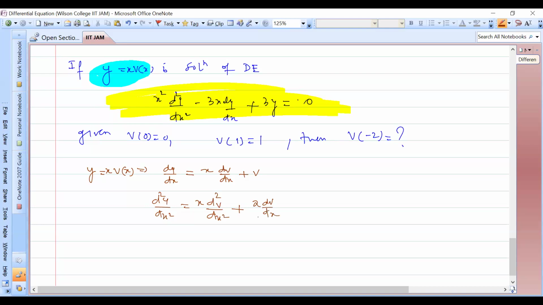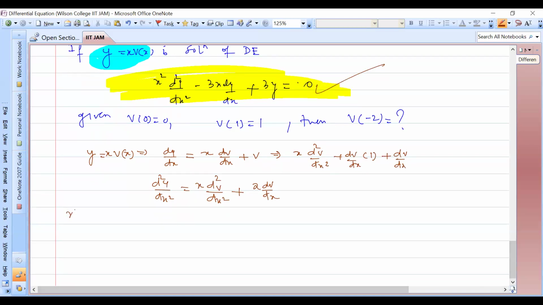Agreed? Yes, sir. We are differentiating it again. So what we get: x d2v upon dx2 plus dv upon dx, derivative of x is 1, then dv upon dx. Now substitute all values here.